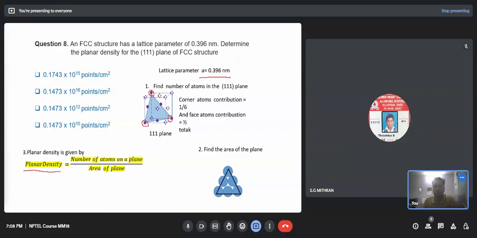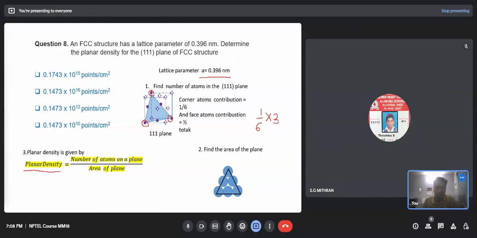So the contribution is 1 by 6 into 3, and the face atoms' contribution is 1 by 2.